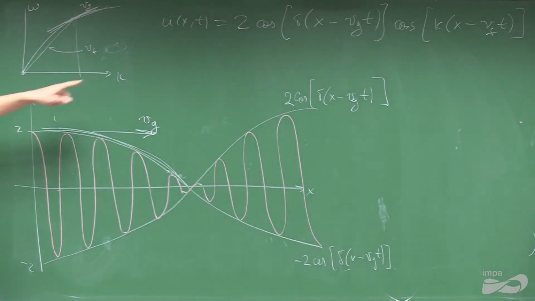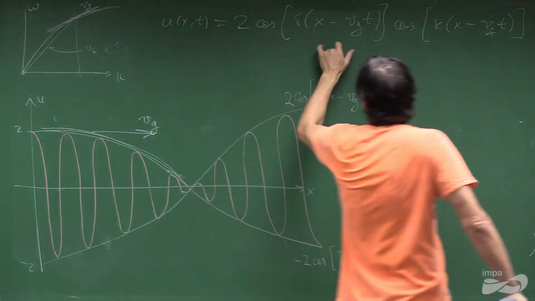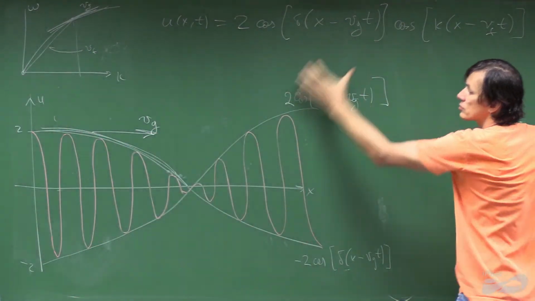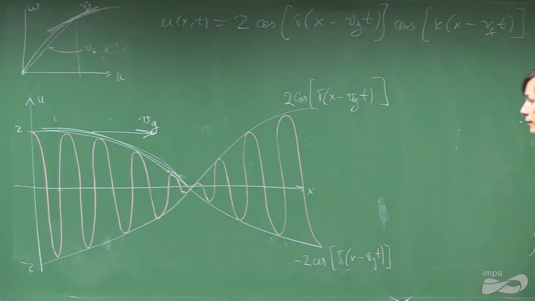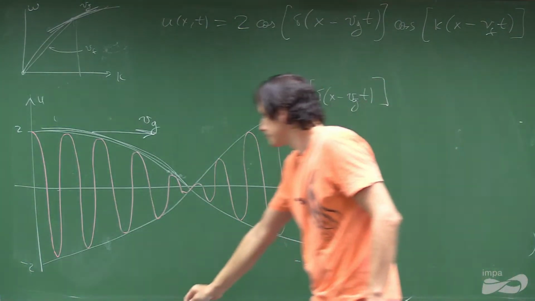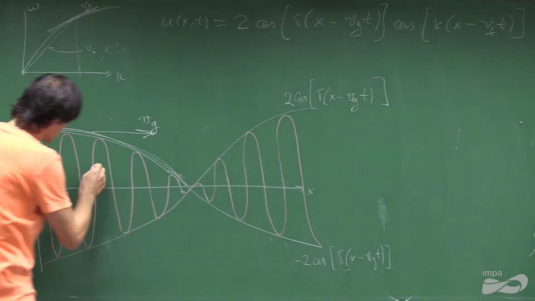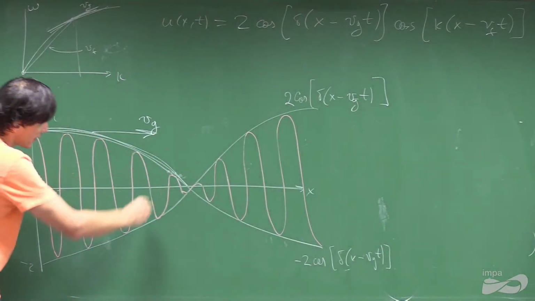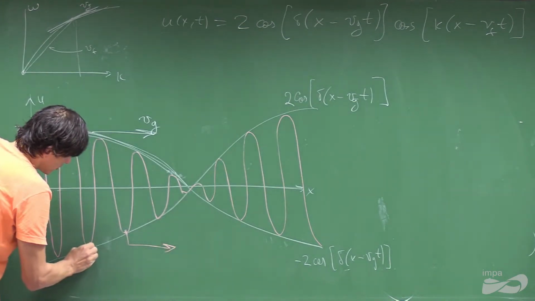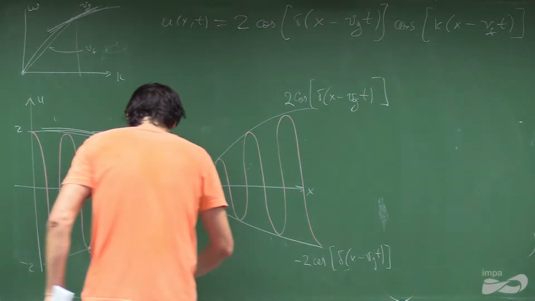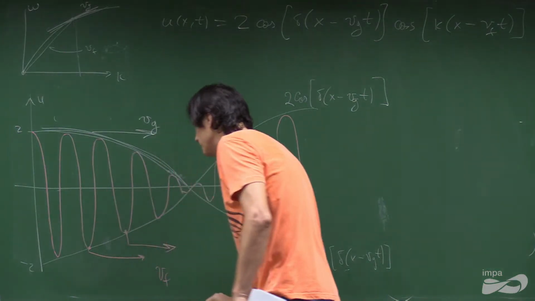Because this function, as time is changing, it moves in space with Vg, group speed. While this function will move, the fast oscillation function will move with phase speed. It means that the cosine which is inside, so essentially every maximum and minimum, will move with phase speed.